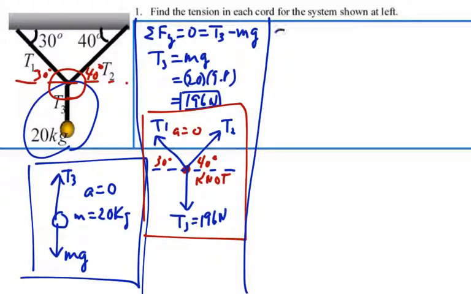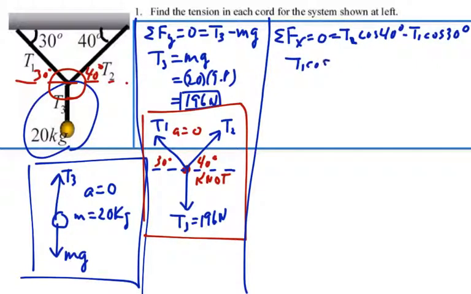Setting up our equation in the x direction, the summation of the forces in the x direction should be 0. We have a component of tension 2 going to the right, T2 cosine 40, and tension 1, T1 cosine 30 going to the left. That's all we have going on in the x direction. So it's true that T1 cosine 30 equals T2 cosine 40.